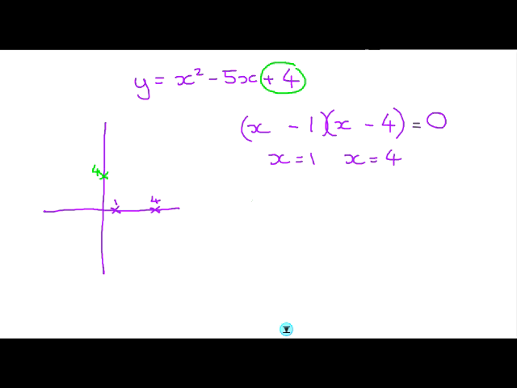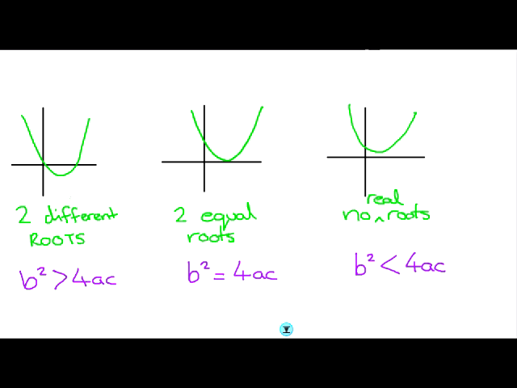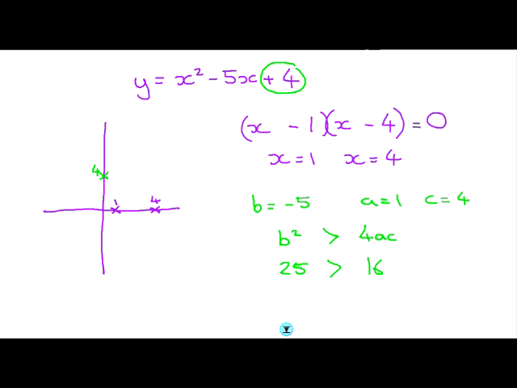So if we take b to be minus 5 and a is 1 and c is 4, you can see that b squared is 25 and 4ac is 4 times 1 times 4, which is 16. So we can see that this is more. And then when we go back to the last slide, I showed you that when it's more, you do get the two different roots. Just reinforcing that.